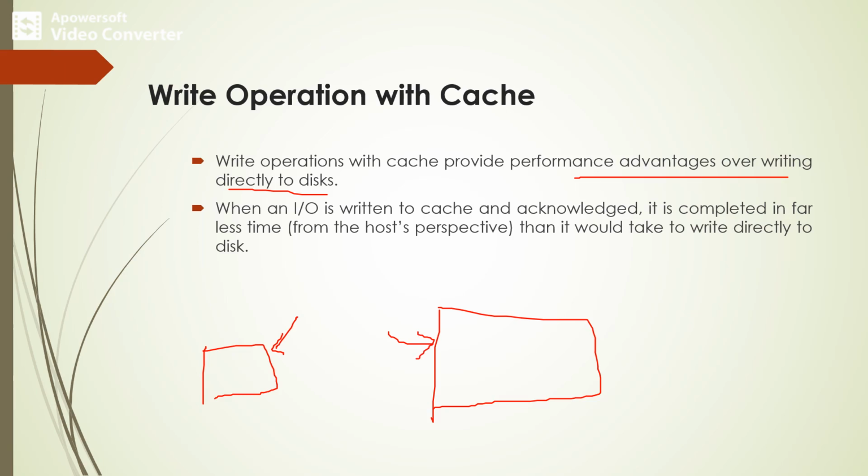When an I/O is written to cache and acknowledged, it is completed in far less time from the host perspective than it would take to write directly to the disk. Writing directly to the disk takes comparatively longer than writing the data into the cache.